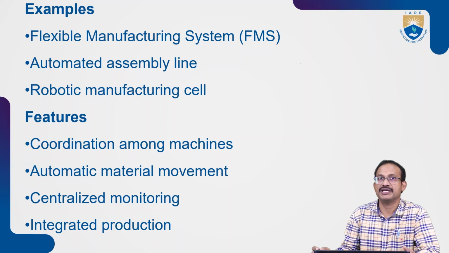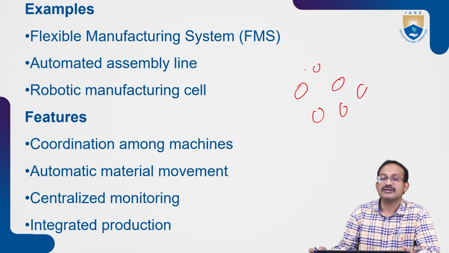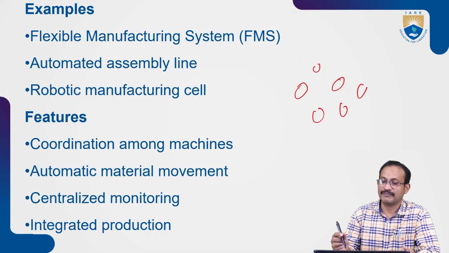So there must be coordination. Suppose more holes are there in the operations, these holes should be shared equally by all the machines. Then only we can save time. Otherwise, if only one machine makes the holes, the rest of the machines may be idle. There must be coordination here.